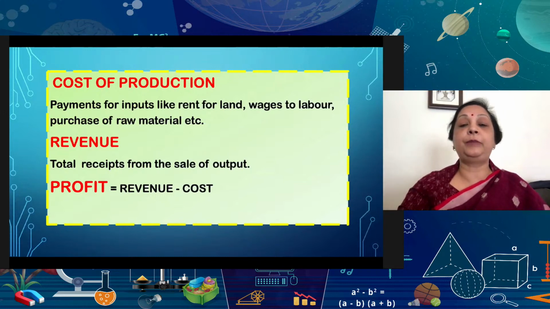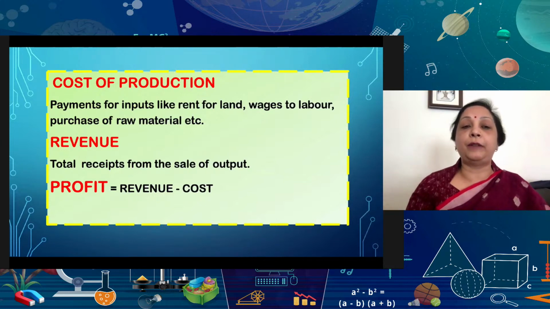Cost of production is the expenditure which the producer makes for hiring factor inputs and purchasing non-factor inputs. As we go further in this class, you will know what factor inputs and non-factor inputs are. So basically, all the expenditure that a producer makes for producing a commodity comes under cost of production.